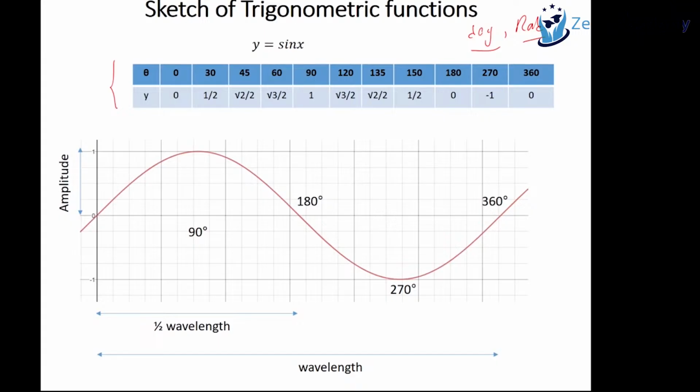And for trig functions, we are talking about periodic functions, where we have two concepts here: amplitude and wavelength. The wavelength is the point from which the sine is going to repeat itself. So for sine x, the wavelength is 360 degrees, which means if I start sketching the function, it is going to repeat itself.